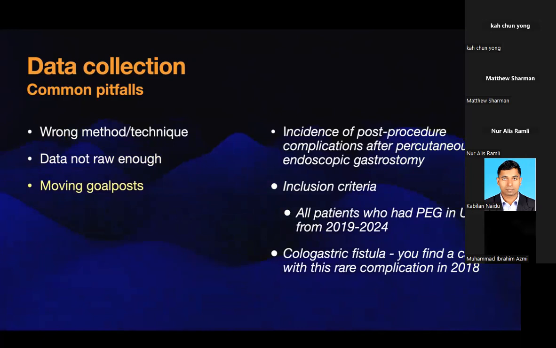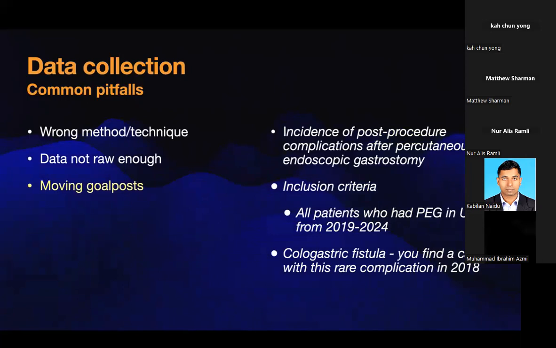And then suddenly, as you're looking through your notes, you find that someone with a PEG has a cologastric fistula. But none of the other patients that you have looked at so far between 2019 and 2024 have this complication. But this complication occurred in a patient who had their PEG in 2018. And then you're like, yeah, I really want to include this rare complication.